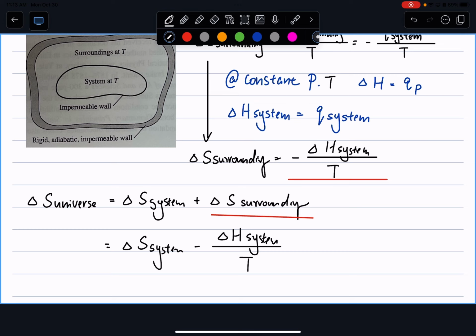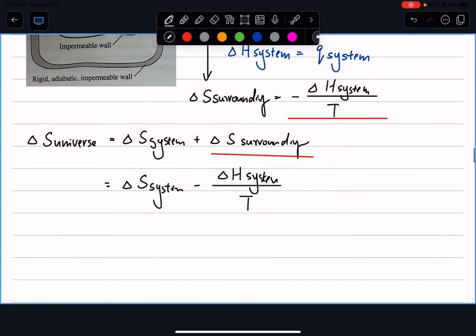All right, and here what we want to know is how does your equilibrium actually connect your Gibbs free energy with entropy? So what we have is, again, your Gibbs free energy is by definition H minus TS.